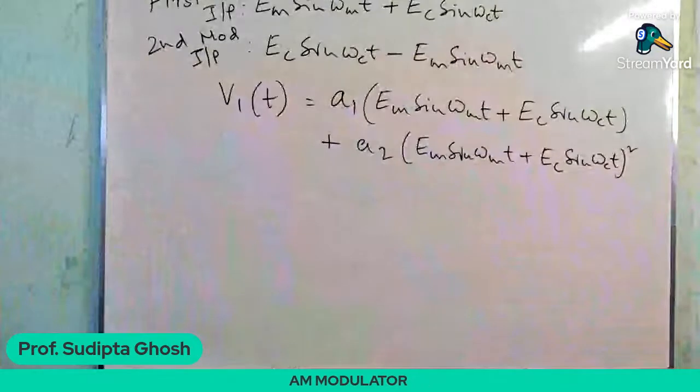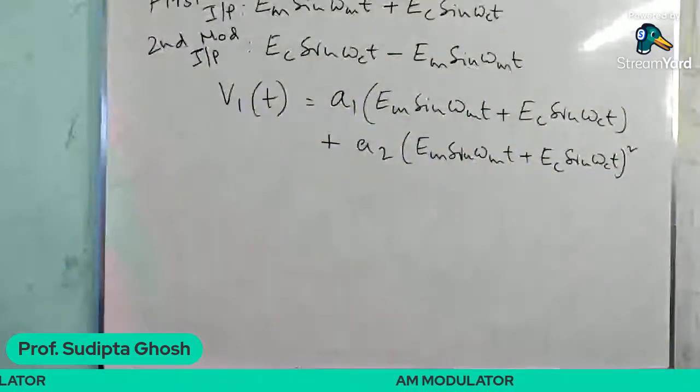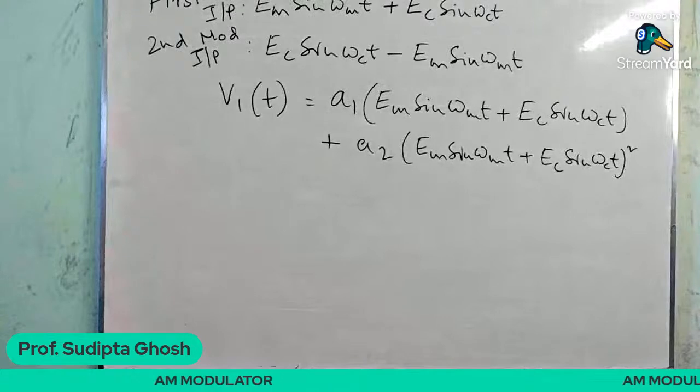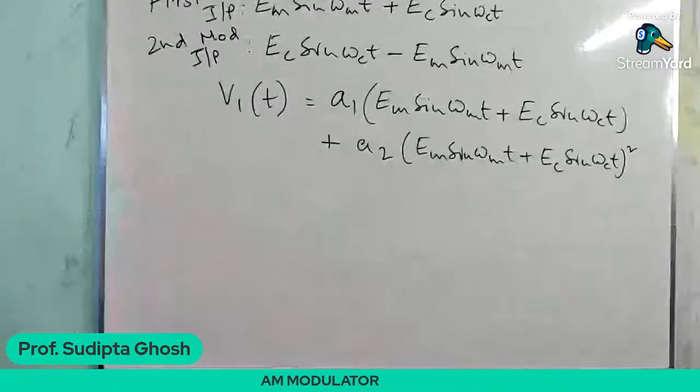So this will be the output voltage of the first AM modulated circuit. That is A1 into the input voltage plus A2 into the input voltage square.